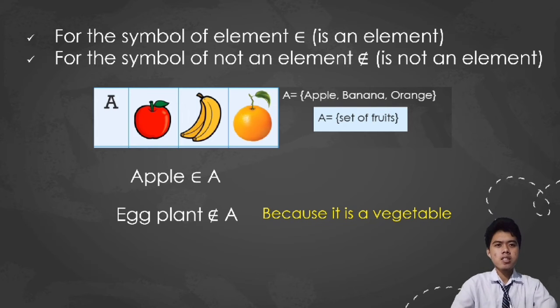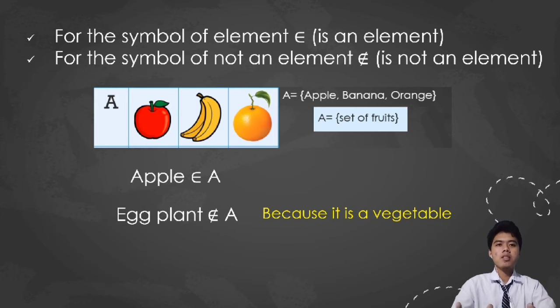Parang sa mga parking sign lang, pag no parking or may mga no talaga, may mga slash lang kinakabit. So, ganyan yung sign niya or symbol niya. And if we read this symbol, ang basa is not an element. So, remember, pag element is an element, pag not element is not an element.